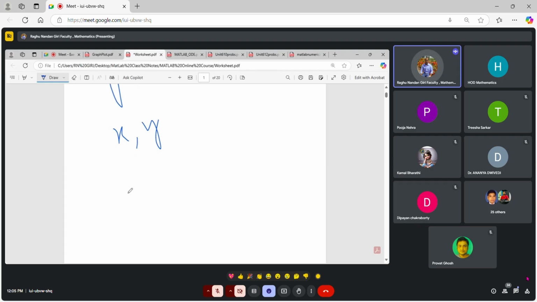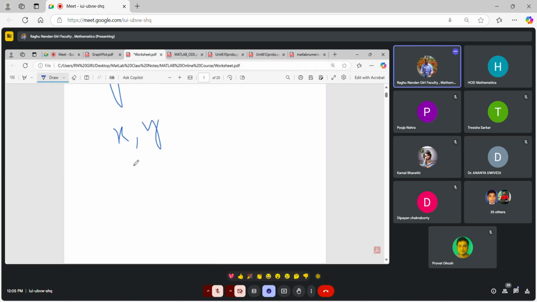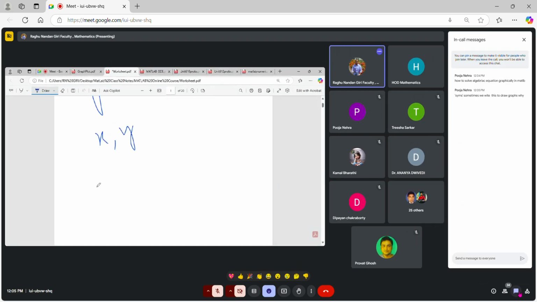How to change the line color, line style, and marker, already I told you yesterday.